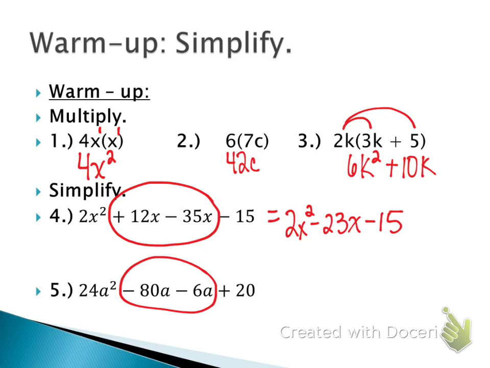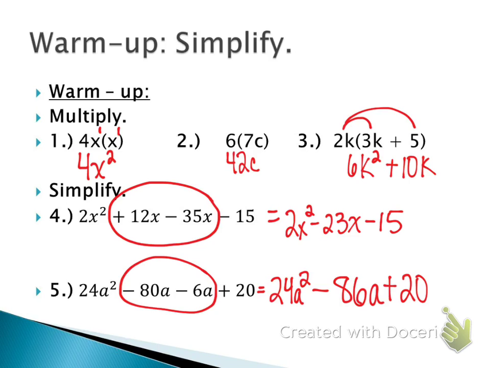Negative 86. If they're both negative, we combine them and keep them negative. So negative 86a. What's still out in front? The 24a squared. And in the back, plus 20.